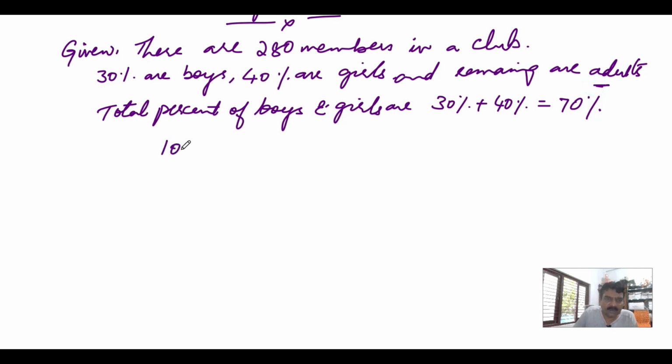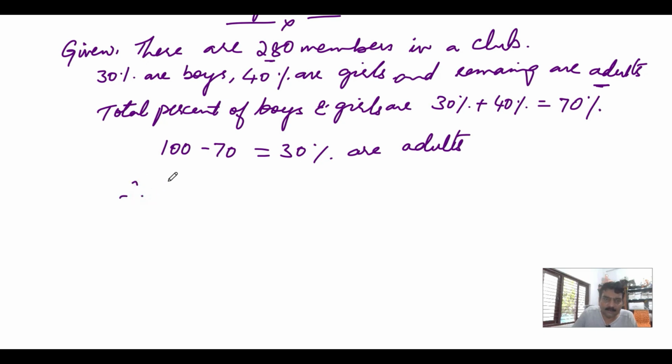So that is 100 minus 70%, that is equal to 30% are adults. Then how many adult members are there? Means 30% of 280 members are adults, right?